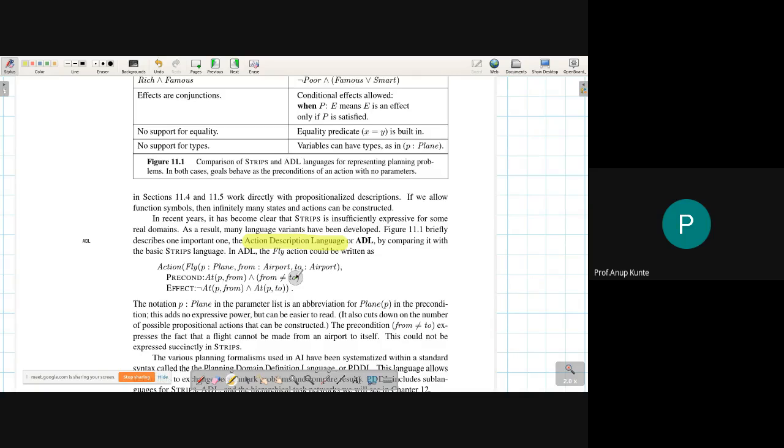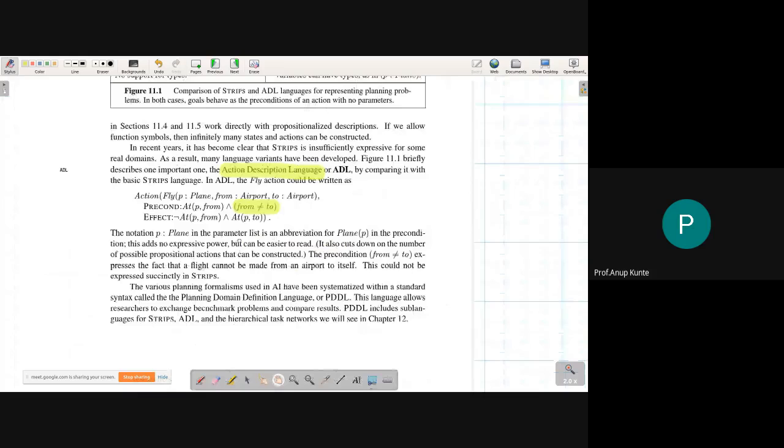Now this I could not do in the case of STRIPS representation, because there was no way to check whether the from and to are equal or not. Okay, fine. Now the effect is also realized in a different manner, so the resultant will also be different.